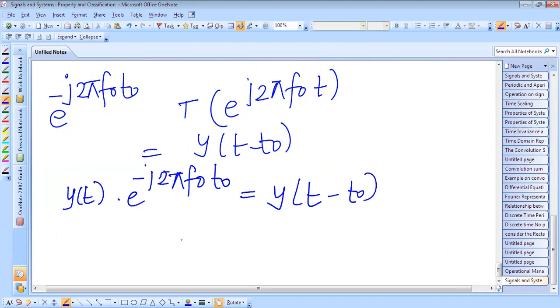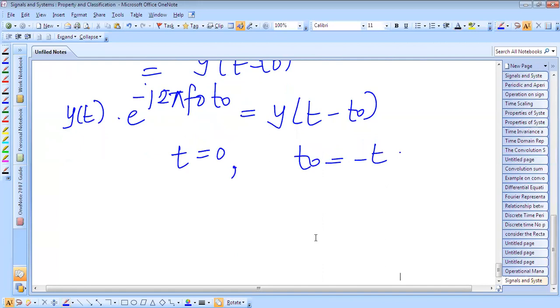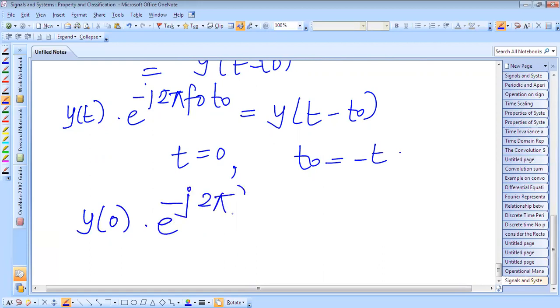And if you set time t is equal to 0, then t0 is equal to minus t, and therefore y of 0 into e raised to power j 2 pi f naught t is equal to y of t.